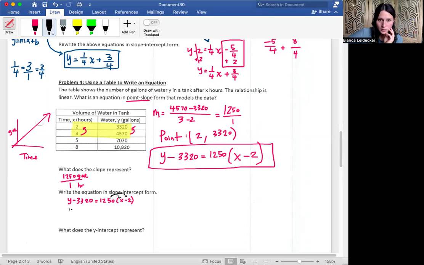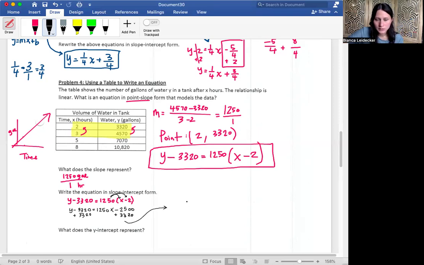Because that's going to help us keep working this problem out. So we have y minus 3,320 equals 1,250x minus the 2 multiplied, 1,250 times 2, which is 2,500. Then I'm going to add 3,320 on both sides so that y is by itself.